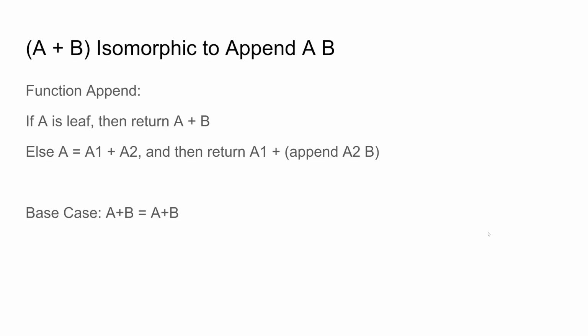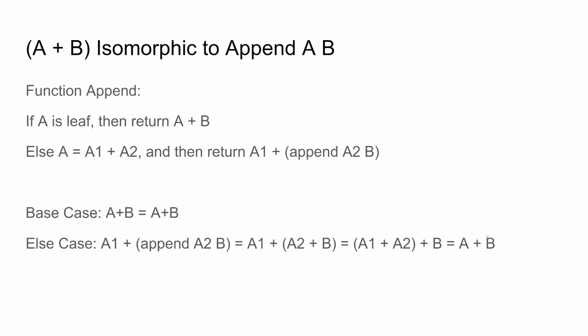So in the base case, we're done because we've returned a plus b, and that is equal to a plus b. In the else branch, we return a1 plus append a2 b, and by induction, we know that this is equal to a1 plus a2 plus b.